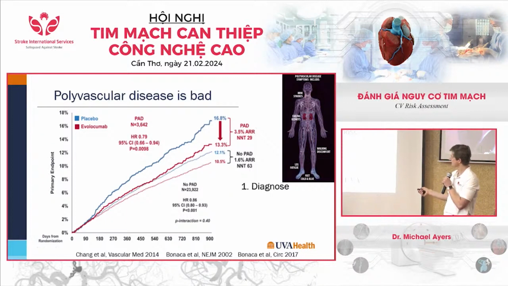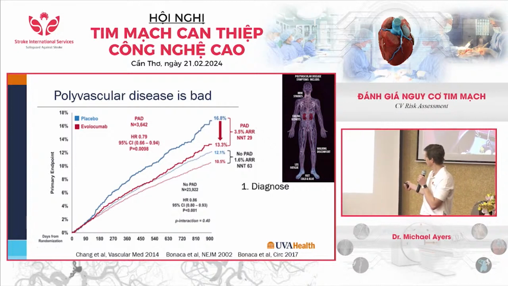You should also notice, this is a great chart from the Repatha evolocumab trial that shows, of everyone, the number needed to treat in everyone in that trial was 63, but when you look at the patients who have more than one blood vessel disease, meaning heart and stroke or heart and peripheral, they have an even bigger benefit of lowering cholesterol.